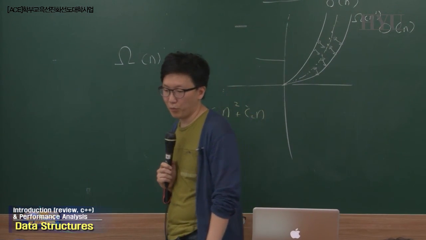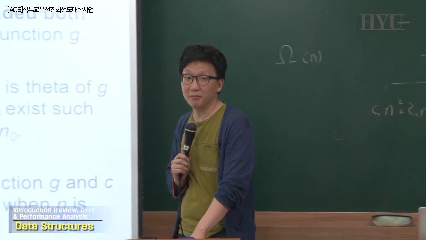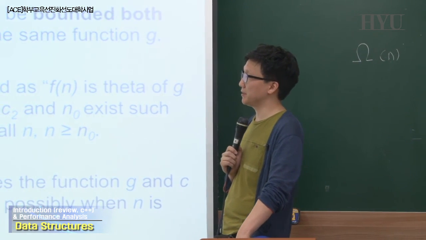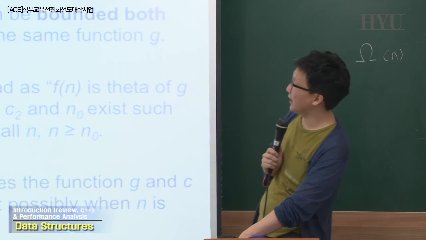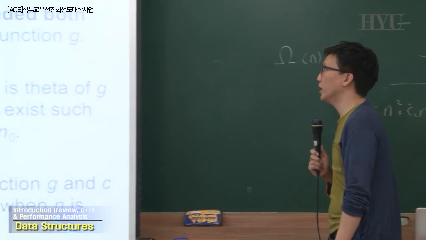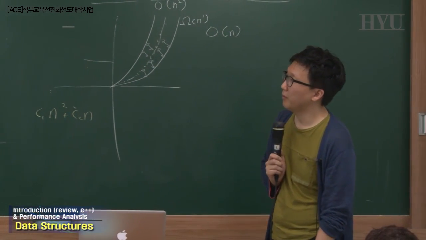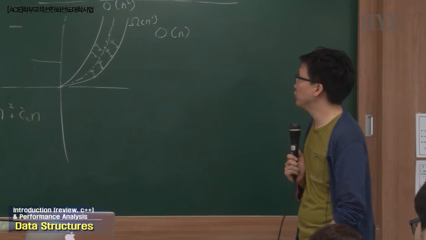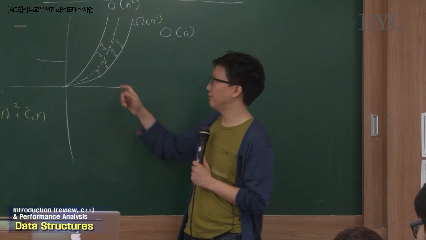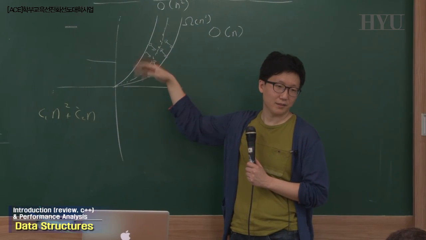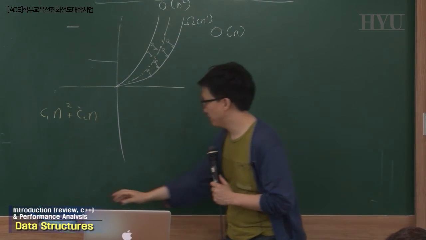Another definition to memorize, but once you have the big O definition memorized, it's a piece of cake now. Theta is used when a function f can be bounded both from above and below by the same function g. Same thing. I should draw this bit there.